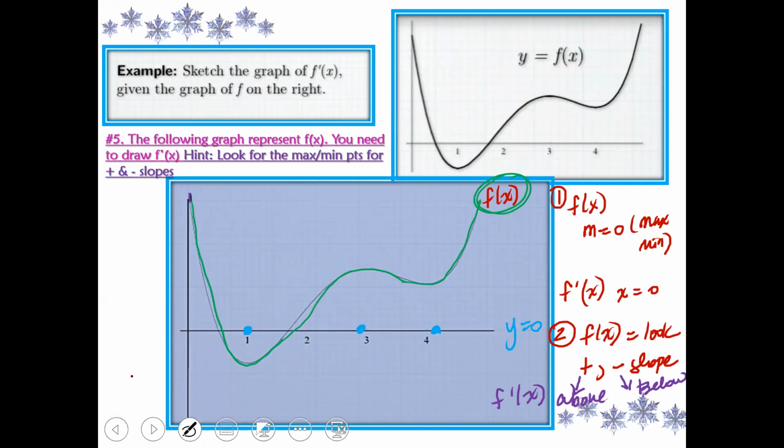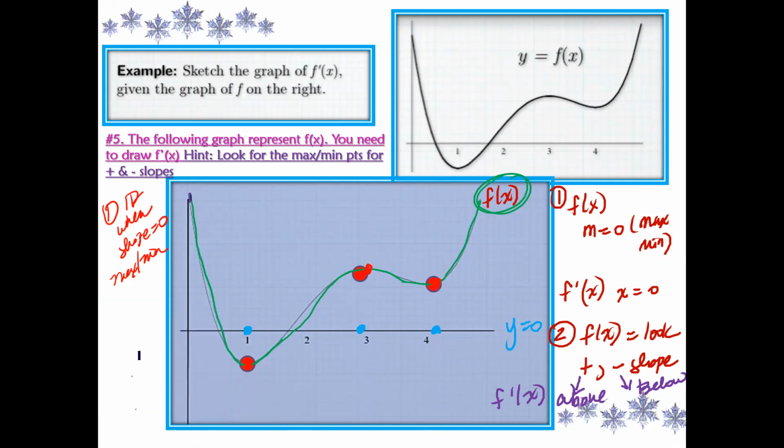First thing I want to do is identify the points when the slope is 0. Okay, so ID when slope equals 0, and that's generally where the max and min is. So there's a minimum, here's a maximum at 3, minimum at 4. Then you want to identify positive or negative slopes.